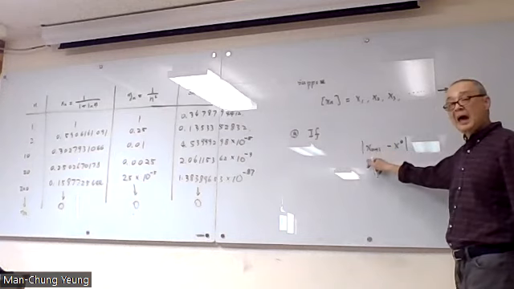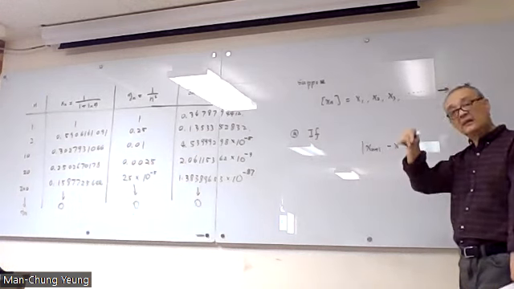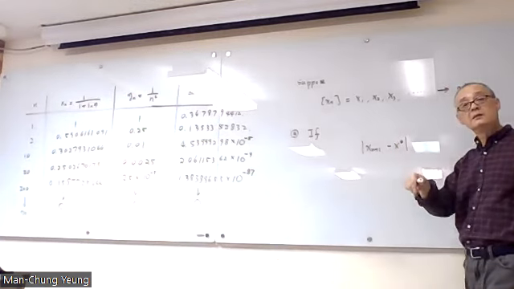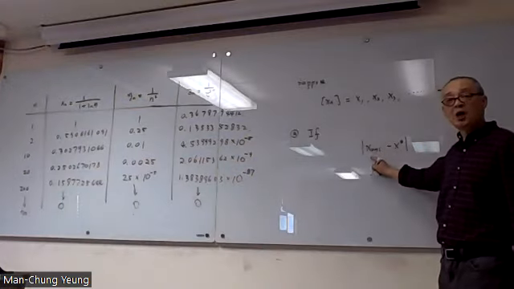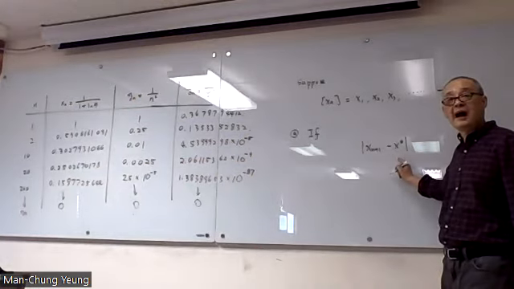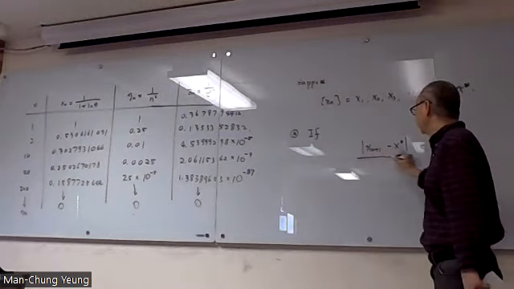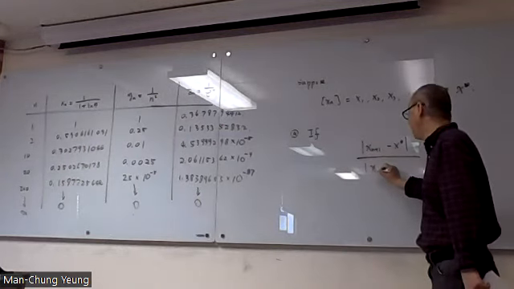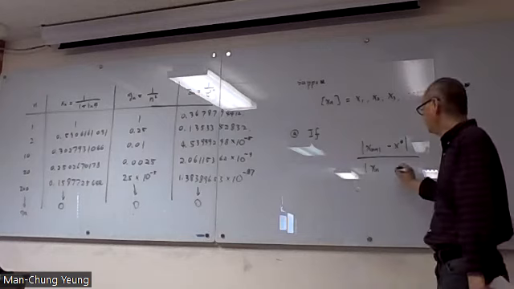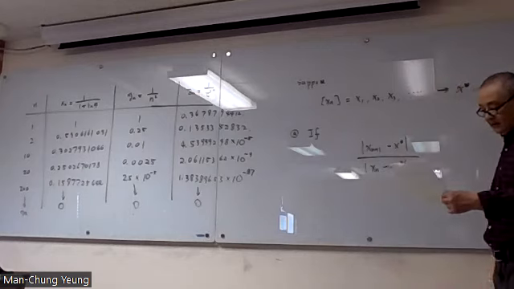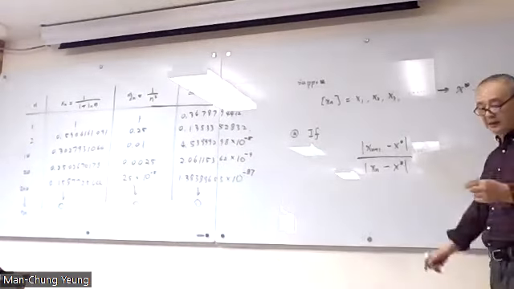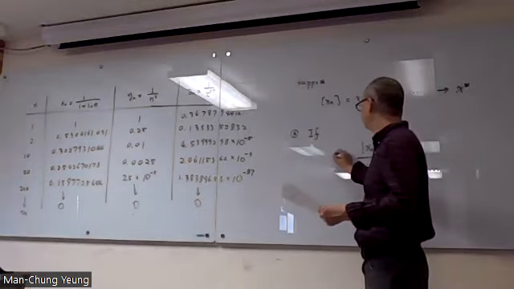Let me call x(n+1) the current term. The distance of the current term to x star over the distance of the previous term from x star. Take the limit.